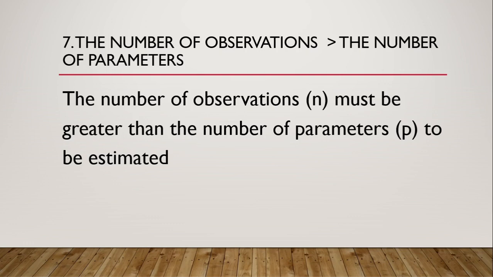Here it is written as P, but usually we use the term k to represent the number of parameters. The number of observations n must be greater than the number of parameters to be estimated. So in a classical linear regression model, we assume that the number of observations must be greater than the number of parameters in the model.